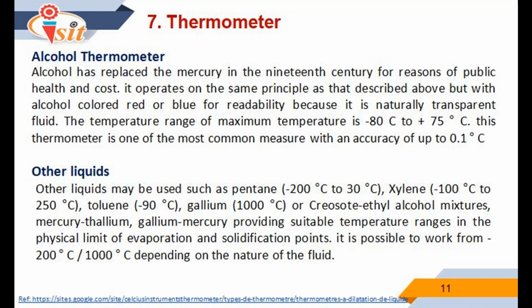The other liquids are pentane, with a temperature range of minus 200 degrees Celsius to plus 30 degrees Celsius, xylene minus 100 degrees Celsius to plus 250 degrees Celsius, toluene minus 90 degrees Celsius, gallium plus 1000 degrees Celsius, then cristoethyl alcohol mixtures, mercury-thallium, gallium-mercury, providing a suitable temperature range within the physical limits of evaporation and solidification points.